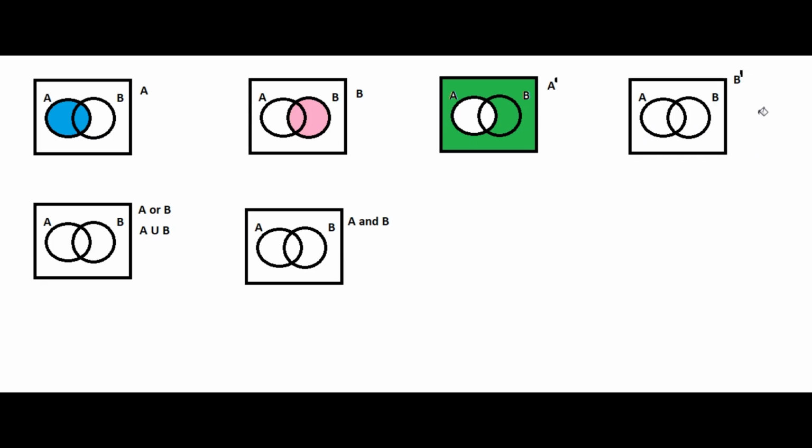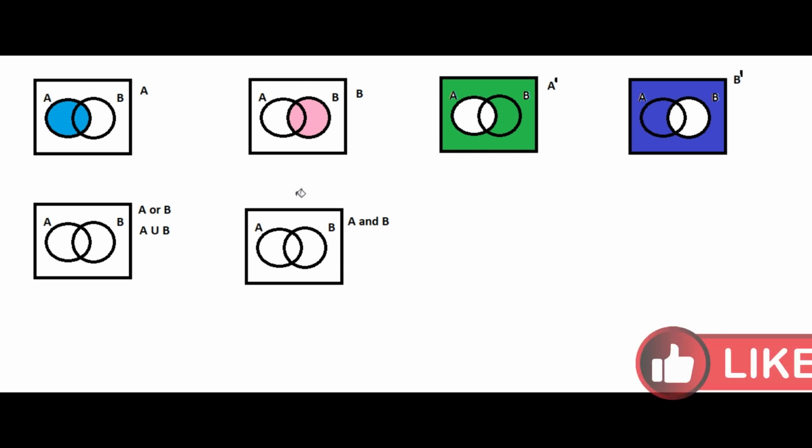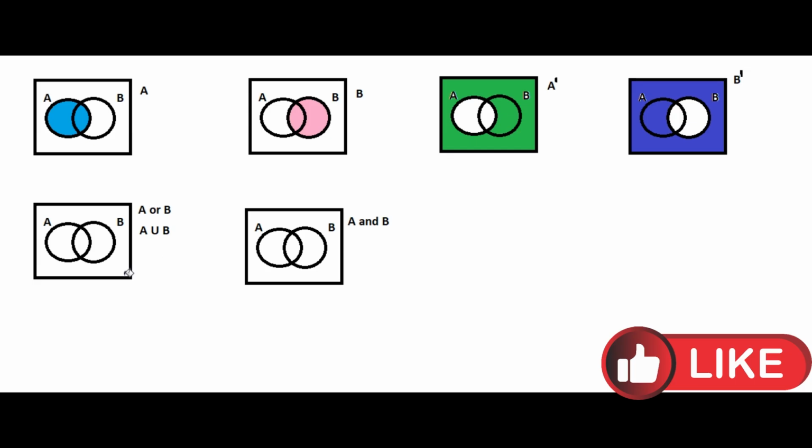On the next diagram, they say not B. So that's a complement of B, meaning that we cannot shade B. So it's everything except B. So we have shaded everything except what? Except B. We go to the next diagram.